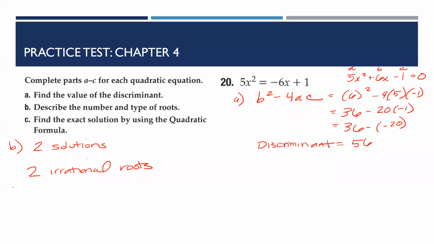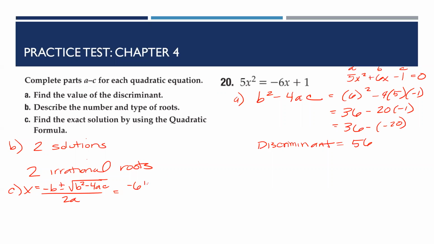And then part C says to find the exact solution by using the quadratic formula. So remember that's x equals negative b plus or minus the square root of b squared minus 4ac all over 2a. So then you just substitute everything.